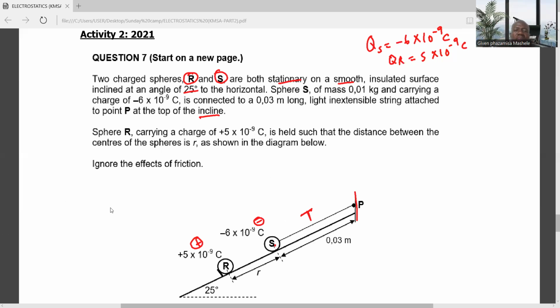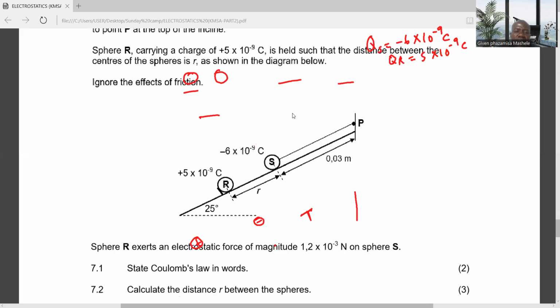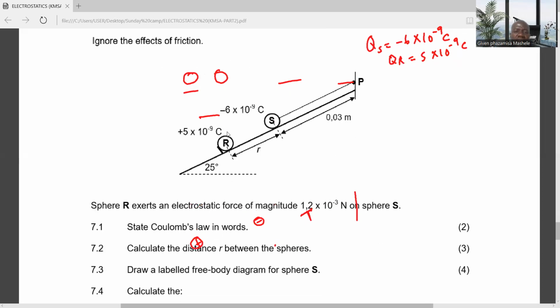We are also told that sphere R exerts an electrostatic force of magnitude 1.2 times 10 to the power minus 3 Newton on sphere S.